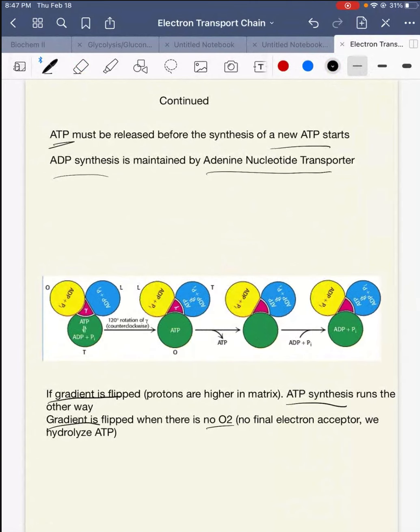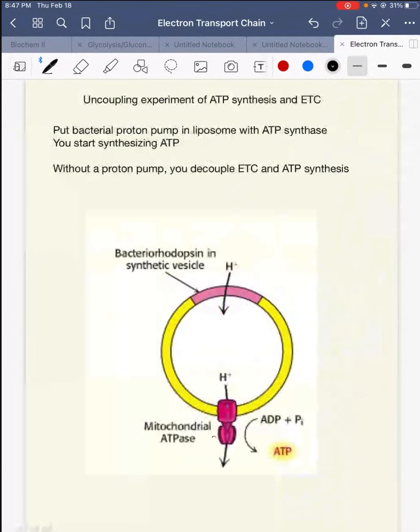Okay, so they did this experiment. This allowed them to figure out that you need the proton gradient for ATP synthesis to run. The other one was that they're coupled together. This one, they figured out that you need a proton pump for ATP synthesis and the electron transport chain to run. You need a proton pump to make ATP, pretty much. You need the proton gradient. So they put a bacterial proton pump in a liposome, and then they had this ATP synthase, and then they had a proton pump right there.